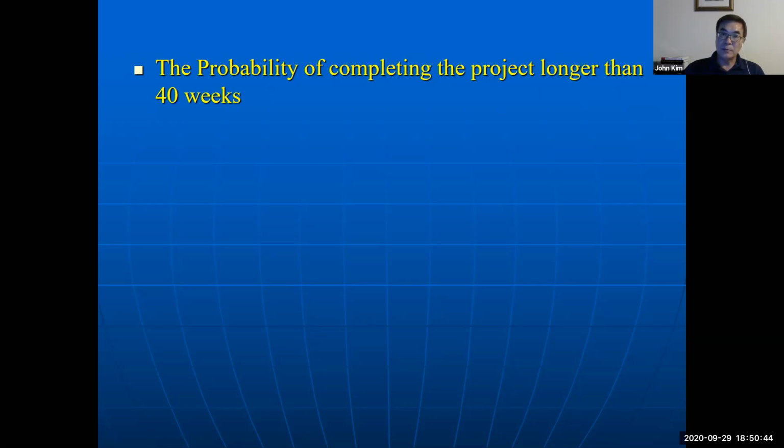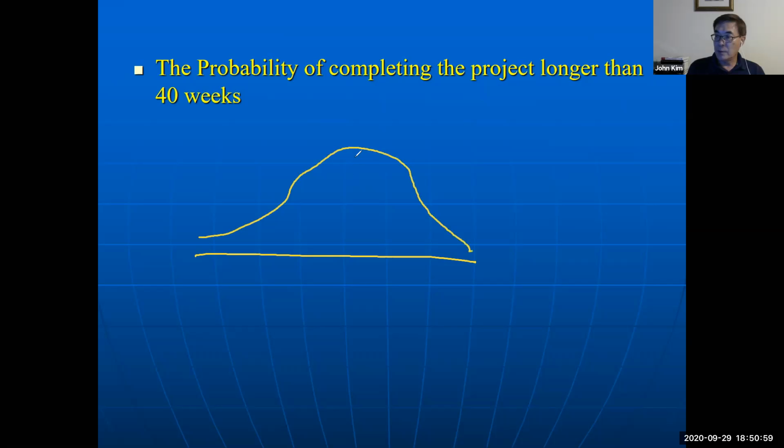This is a normal distribution with 38 as the expected time, and then 40 here. So longer than 40 is this area.